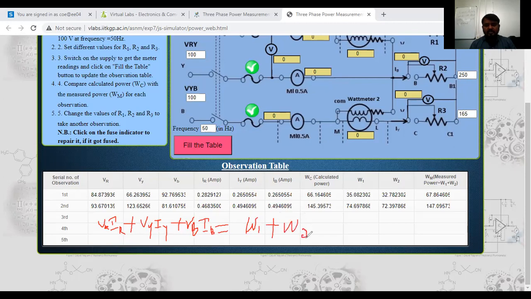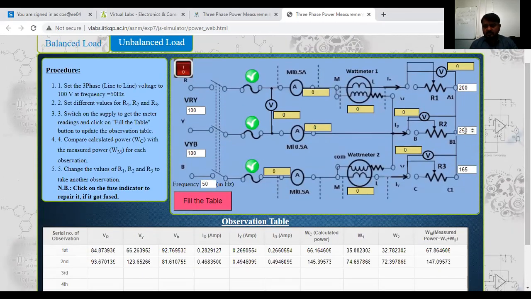For all readings, you can do the calculation. W1 plus W2 is the formula we can use for the unbalanced load. Is it clear? Yes, sir.